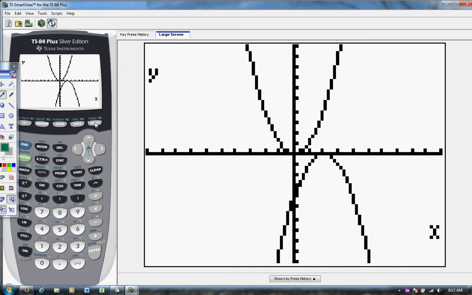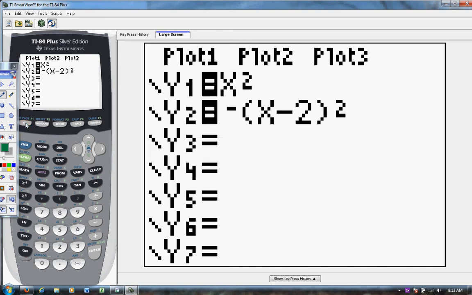Now, where you have to be a little bit more cautious is when we get a function like this one. Let's say that I have negative and then a parenthesis and then negative x minus 2. Okay, so let's see what happens with this function.